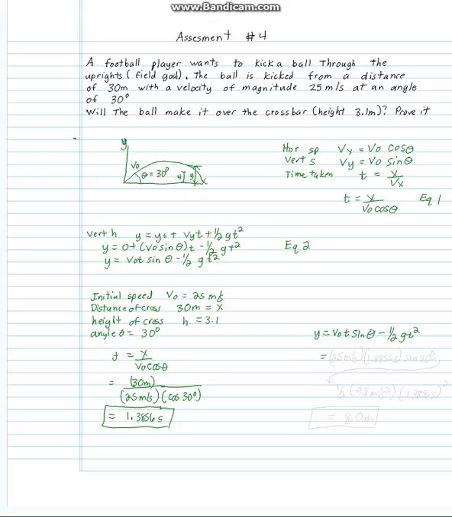And again, we can put in our numbers that are already given, which is our 25 meters per second times our time of 1.3856 seconds, which is then times the sine of 30 degrees, minus 1/2 times our gravity, 9.8 meters per second squared, times our 1.3856 seconds again, squared.